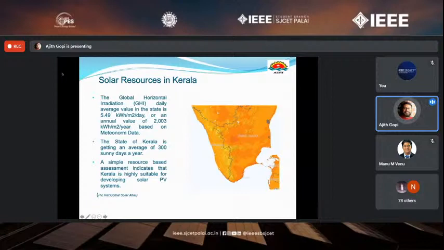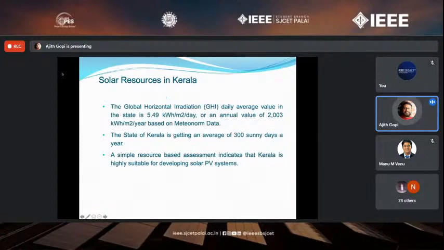It's a pretty good figure actually when compared to the Northern European countries. If you compare this with the Scandinavian countries, or with Stockholm in Sweden, there you will have around 3.5 units of electricity per square meter per day.